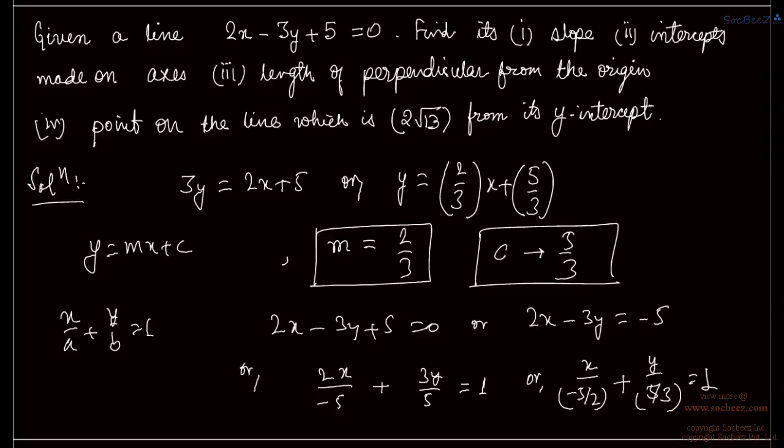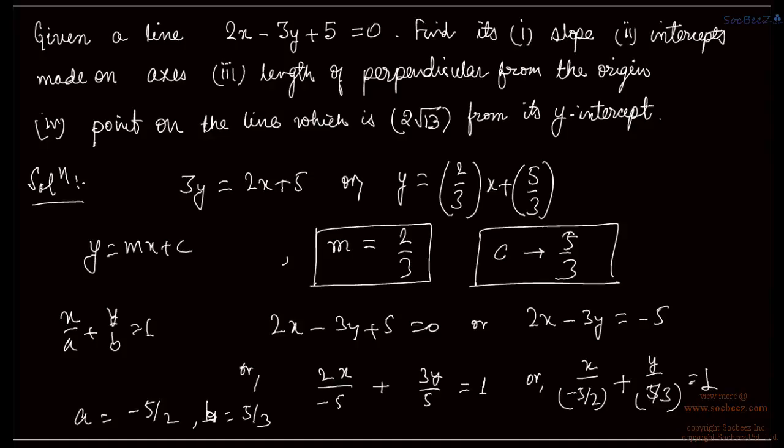So we have x intercept as minus 5 by 2 and y intercept as 5 by 3. See, the y intercept here also we have got 5 by 3.